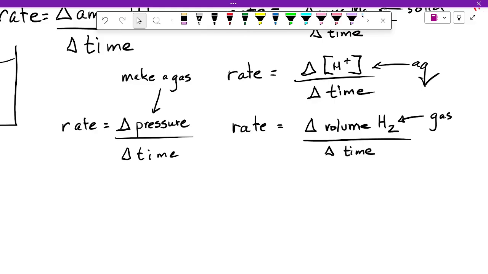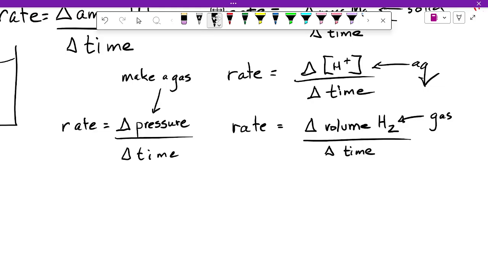You could, as Coco was saying, measure the mass, because if we don't have a closed system, if we let the gas leave the container, what's going to happen to the mass? If this is my container and the gas is leaving the container, what has happened to the mass? The mass has gotten smaller because a gas is produced and leaves the container.